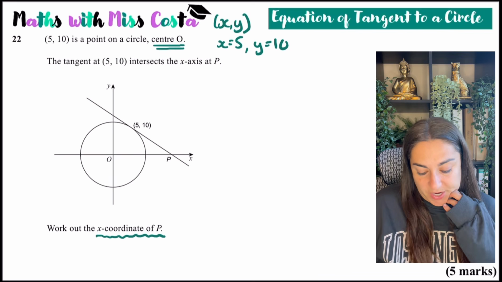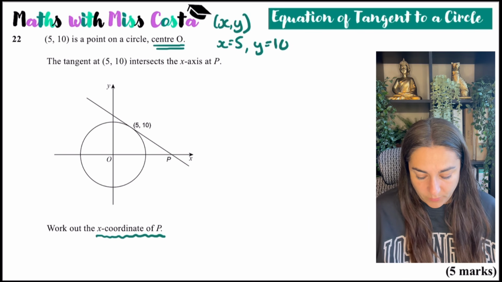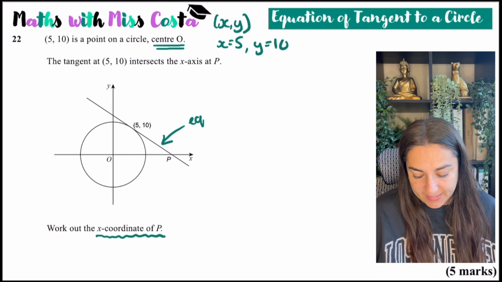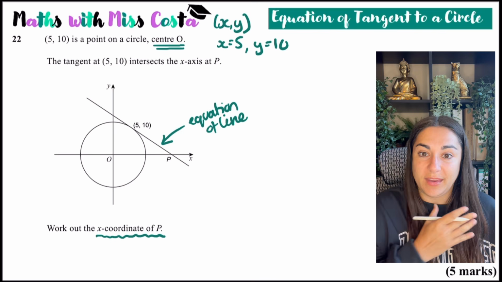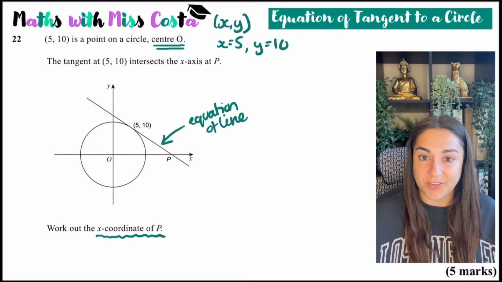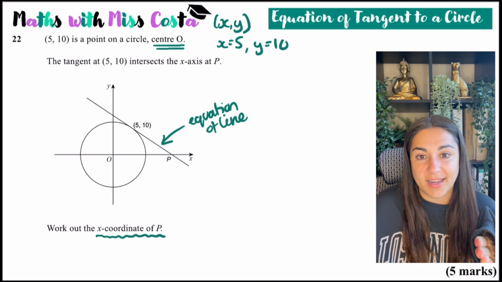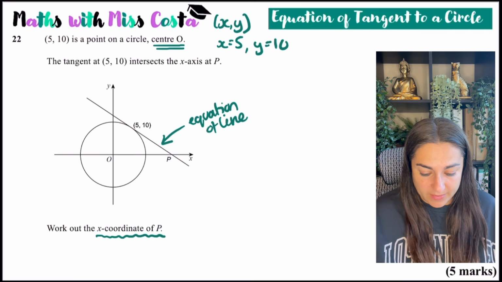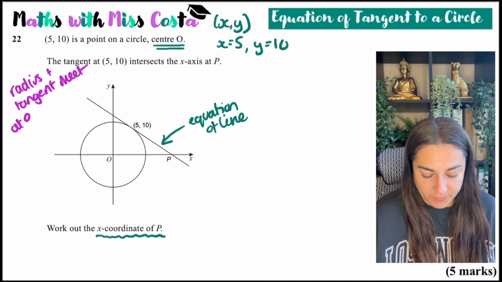Okay, so there's a lot of things that I can do here. So first of all, I am going to need to work out what the equation of this line is, because that's the only way I could figure out what the P coordinate would be. So to work out the equation of a tangent, generally what we do is we first of all work out the equation of the radius of the circle, because if we do that, we know that a radius and tangent meet at 90 degrees using circle theorems.